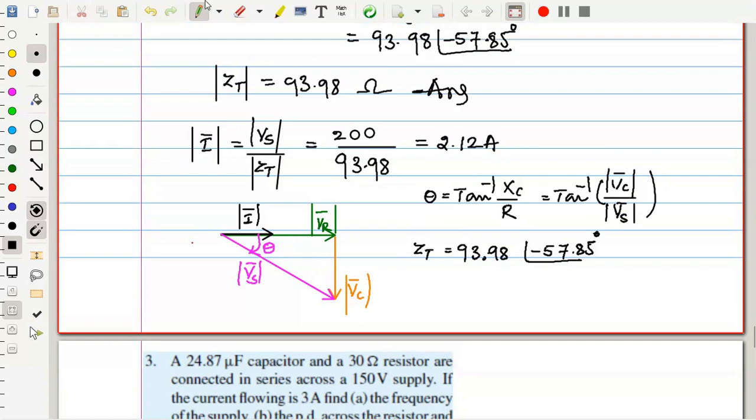So this is the theta. You need not put in any effort, you can directly think of it. The minus is already considered here in the clockwise direction. So theta is equivalent to 57.85 degrees. One can directly put it like this.